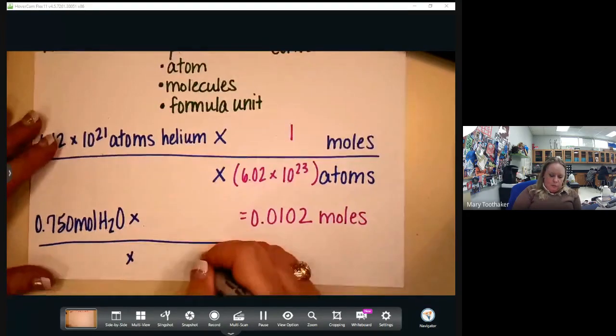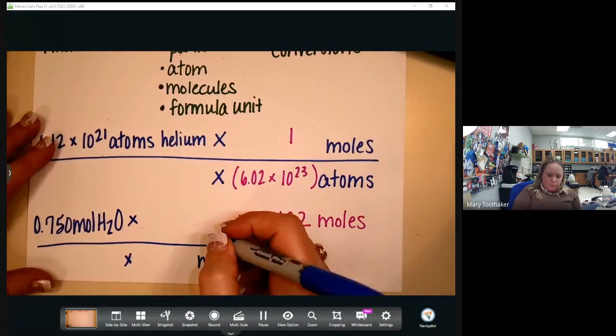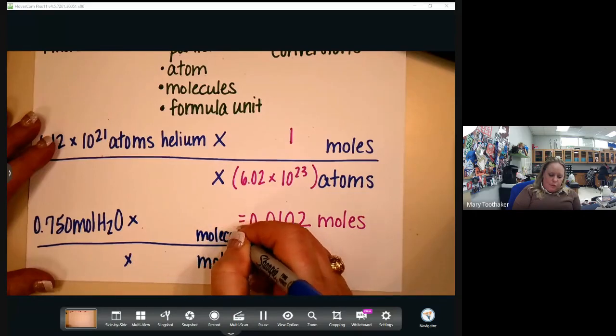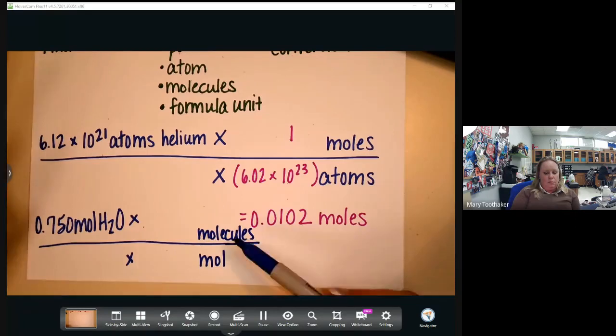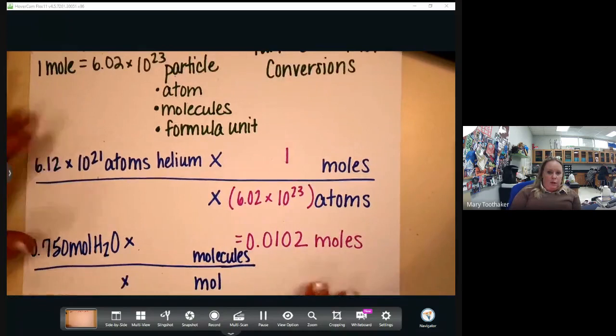Moles are there, which means moles goes on bottom. And then molecules. Molecules and moles are not the same thing. They are not. I'm seeing a lot of people write MOL as an abbreviation for molecules, and then you think that's moles, and so then you end up putting the wrong numbers in the wrong spots, and you end up doing the math wrong.